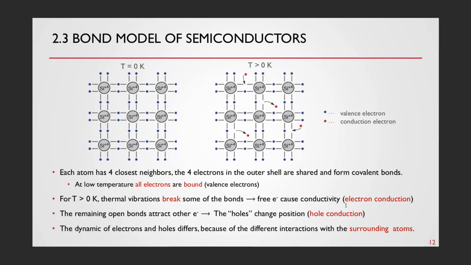That's what we call the hole conduction. The dynamics between electrons and holes somewhat differs because, as I've discussed in a little bit of detail, the interaction with the lattice, with the surrounding atoms, is different, of course, for electrons and holes.